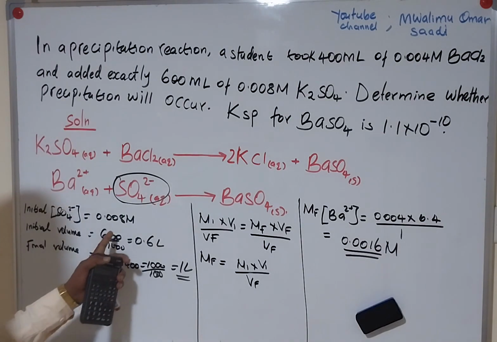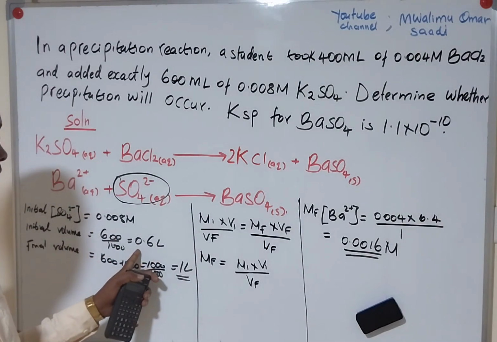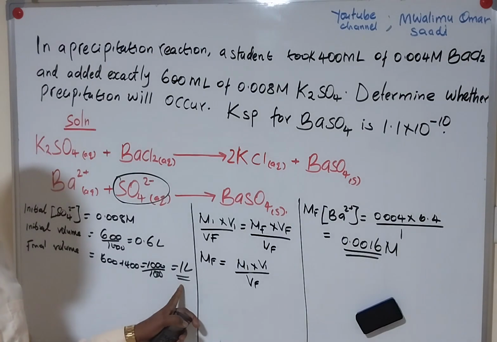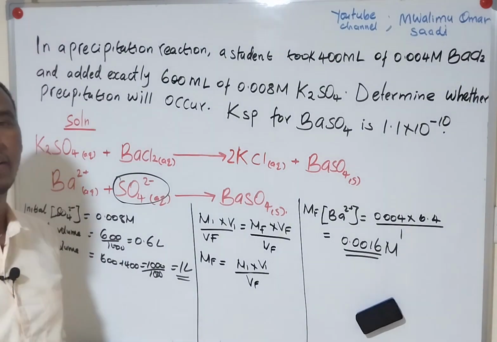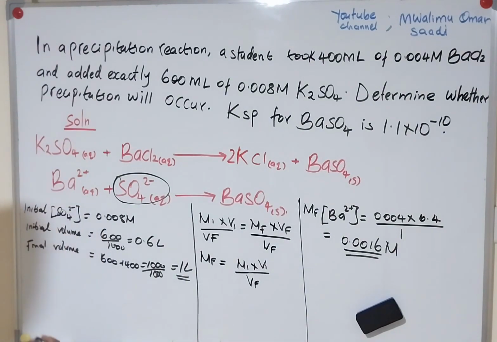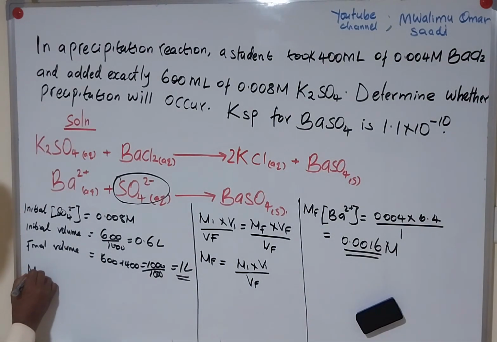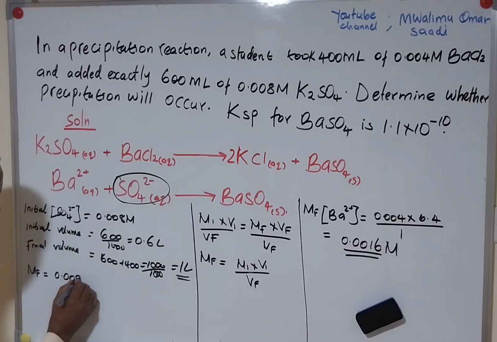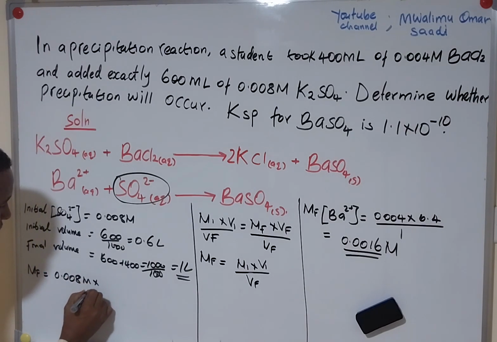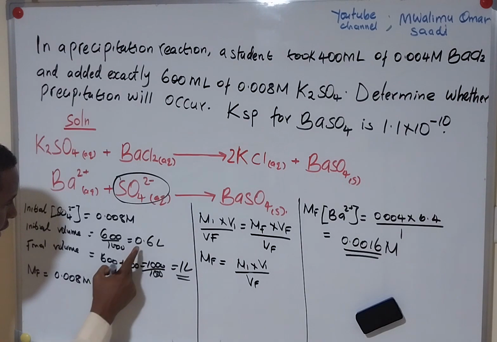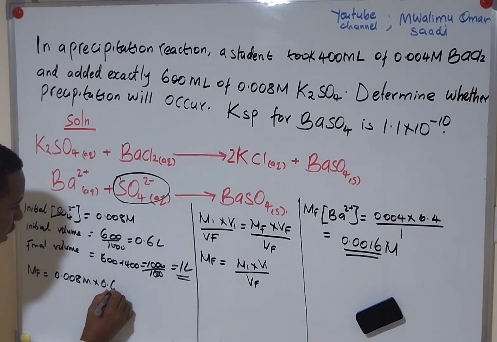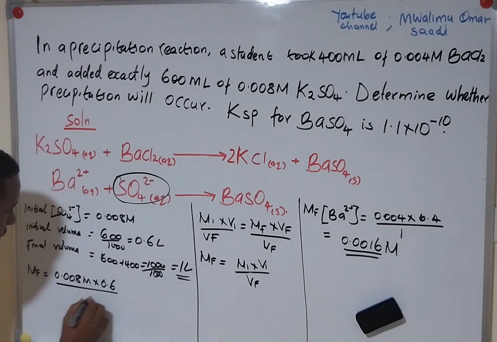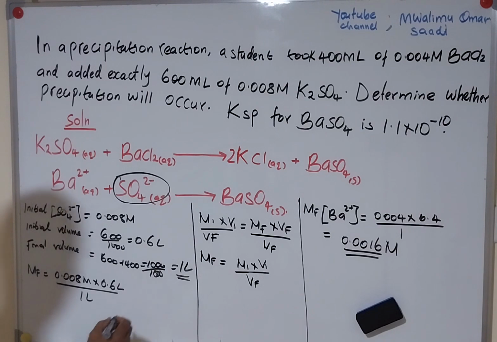So now we have got the initial concentration, the initial volume, and the final volume, so we can get the final concentration. MF is equal to the initial concentration, which is 0.008, times the initial volume, which is 0.6 liter, all over 1 liter, the final volume.